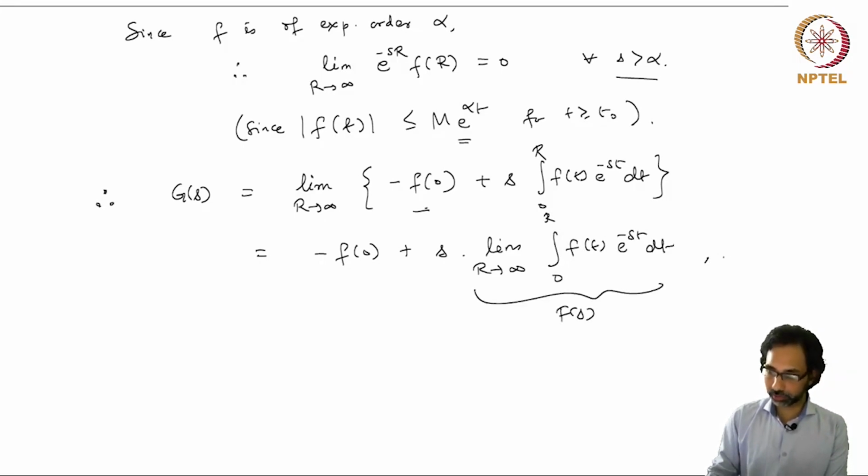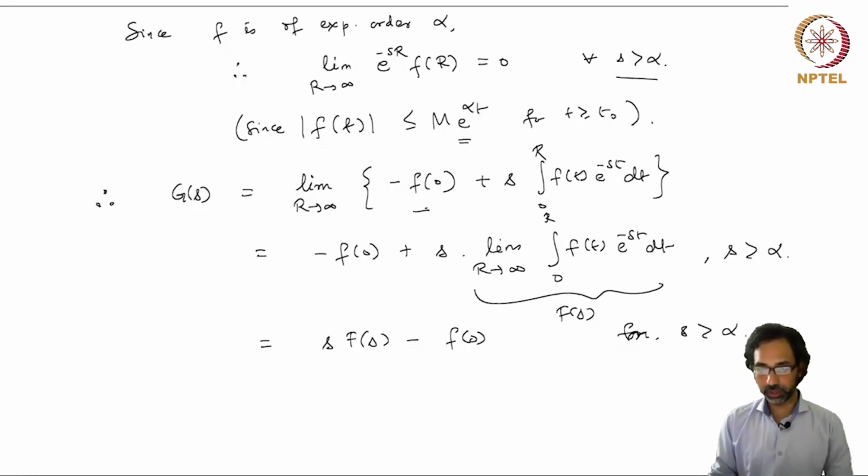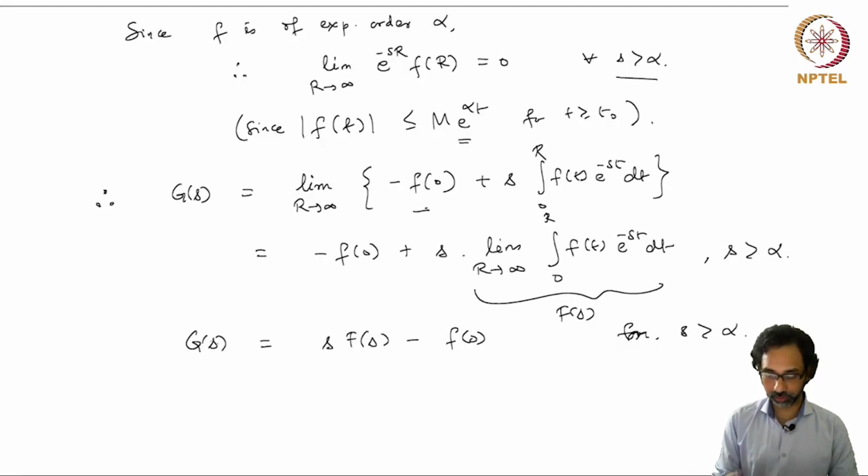So this formula remains valid for s greater than alpha, and so in the end we get sF(s) minus f(0) for s greater than alpha. So we get our required formula.